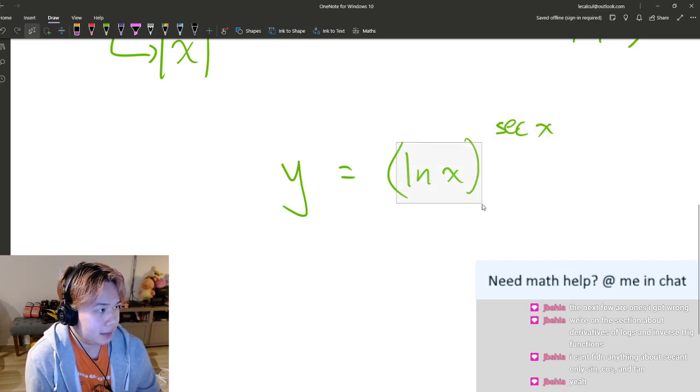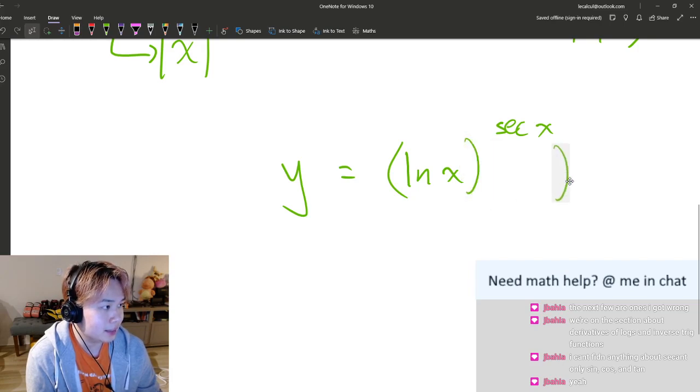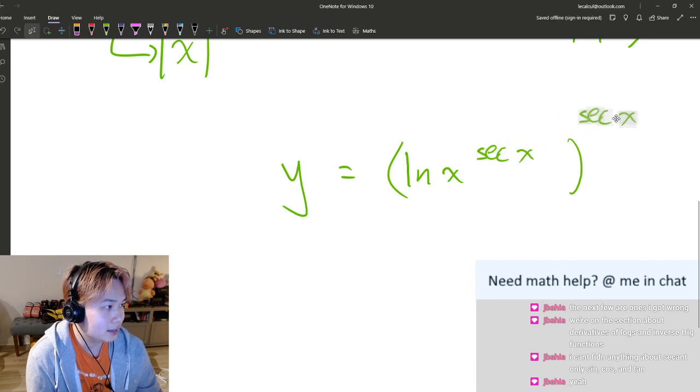We have a variable x in the base, and we have a variable x in the exponent. And there's not really a nice way to derive that. Like, there's no rules for it. But that's part of the reason why you learn logs, is we can take things out of the exponent. The issue here is you can't take it out because it's not x to the power secant like this. You're taking the entire log and taking the exponent.